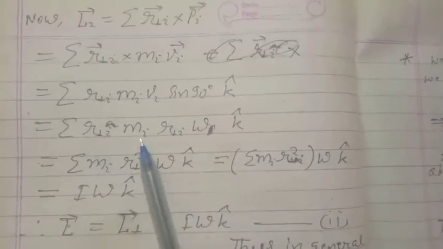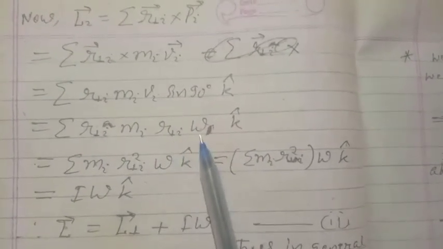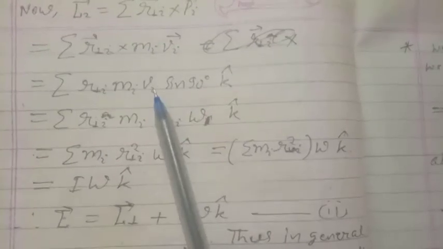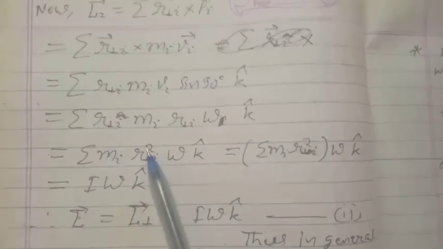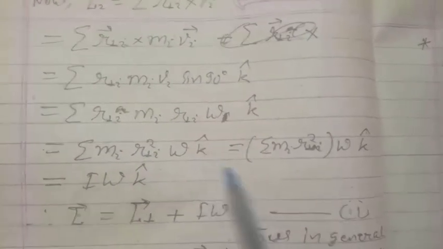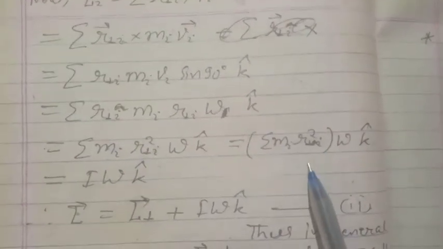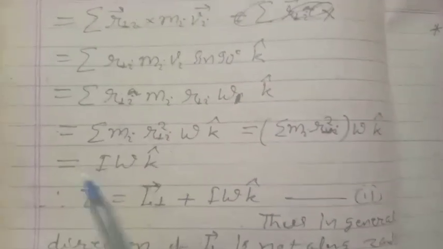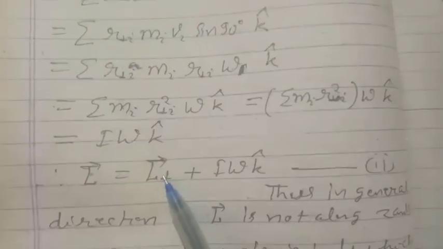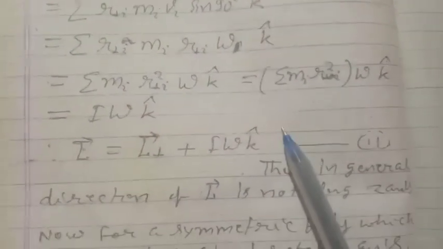Sigma mi r perpendicular i into v, where v equals r omega, so we use that: sigma mi r perpendicular i square omega into k cap. Now sigma mi r perpendicular i square into omega k cap equals I omega k cap. Hence L vector equals L perpendicular plus I omega k cap.